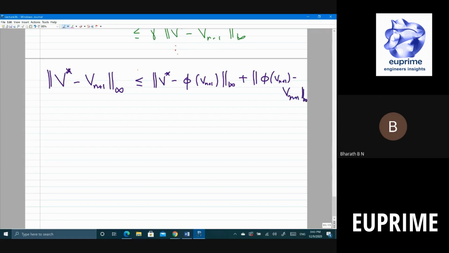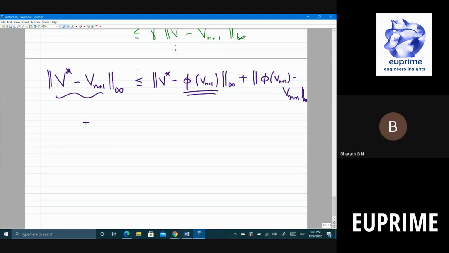How do you get this? Plus minus phi of Vn plus 1, then the triangle inequality. Yeah, triangle inequality, right? I'm adding and subtracting this term here, and then the norm of a plus b is less than or equal to the norm of a plus the norm of b. That's the triangle inequality. Is that fine, everyone?